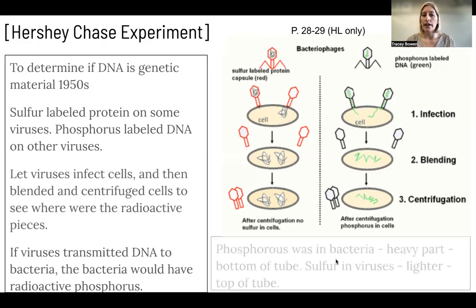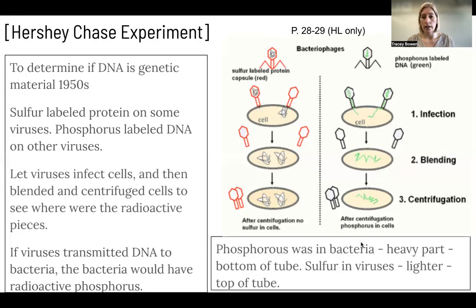And so they ground up the cells after they were infected, and they centrifuged them, meaning they spun them around really quickly. And when they centrifuged them, the phosphorus, which is the heavier part that was in the bacteria, would have sunk to the bottom. And that sludge is going to be called sometimes the pellet.